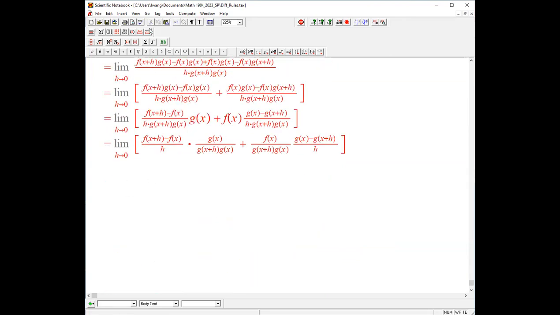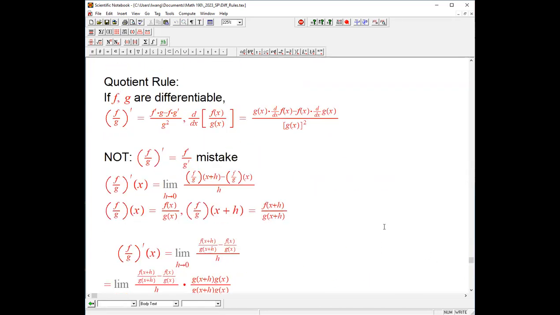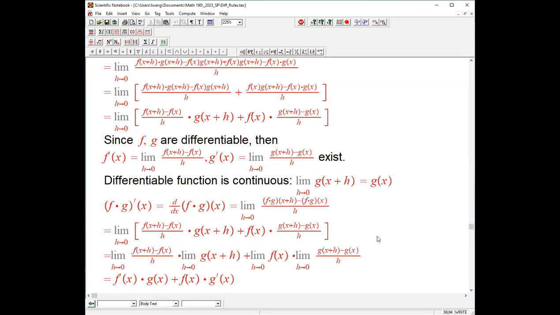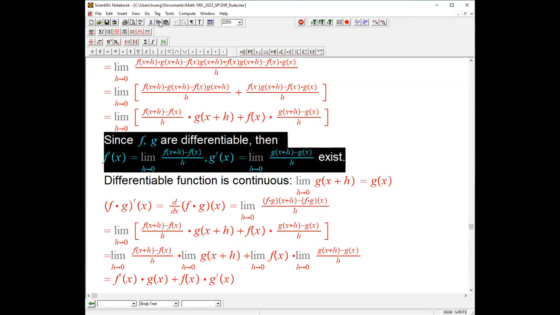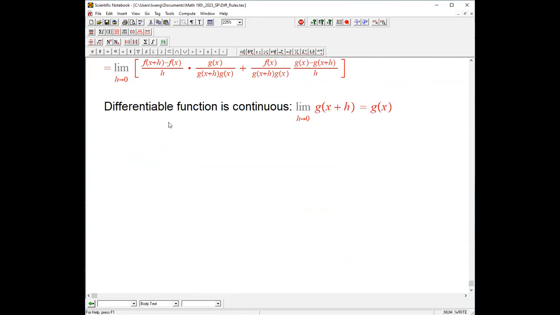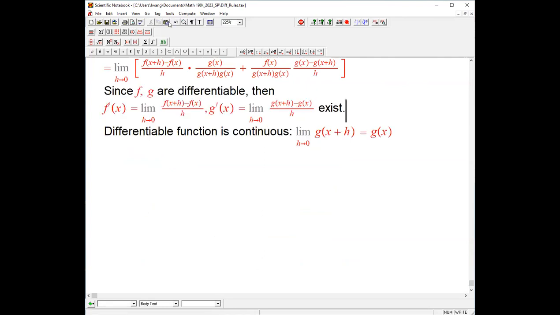That's the same reason, right? And what else? Same reason, right? Since the two functions are differentiable, we use the same arguments.